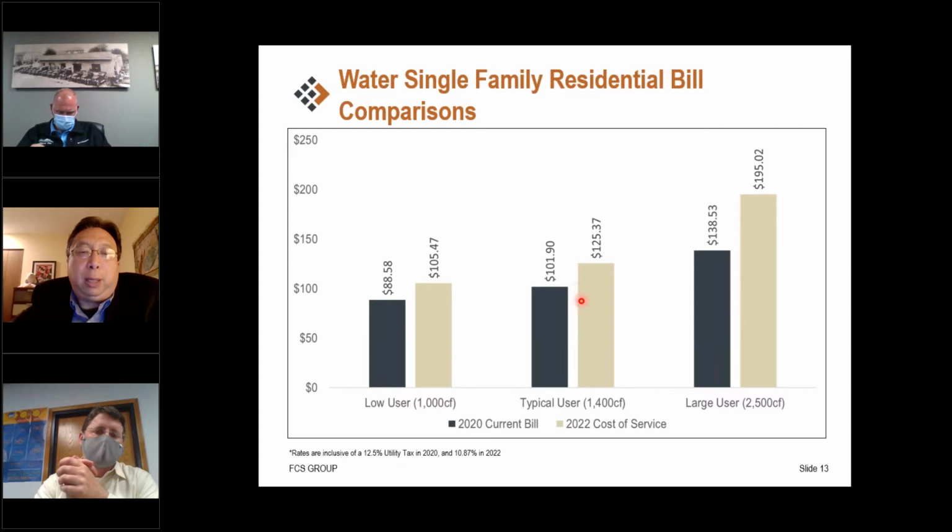So about $12 a month. And then for the large water user, what we see here is that their billing would increase by just under, that's about almost $60. So about $3 each month. And again, this reflects the water usage and water usage falling into those higher blocks, and therefore resulting in a larger bill.